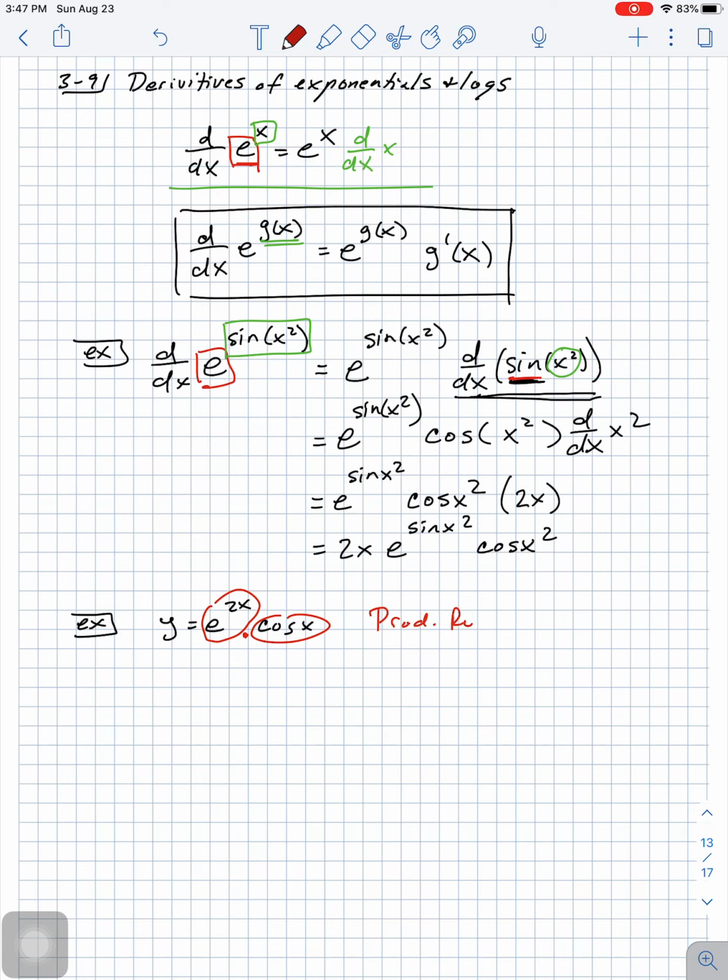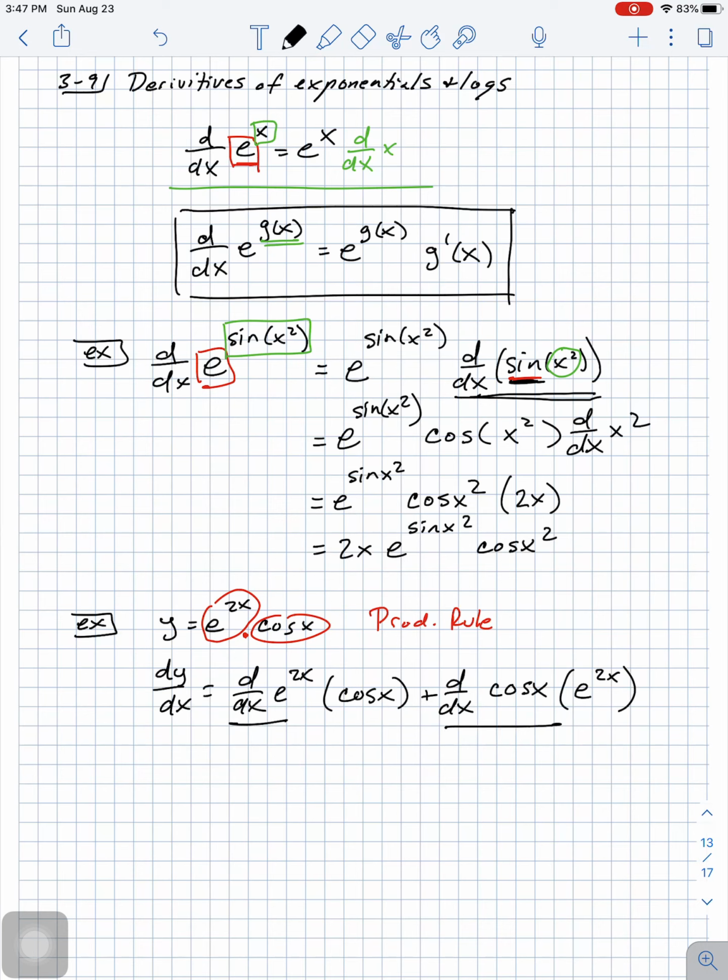This is a product rule, and we'll have a chain rule within it, but initially I'm going to write out the product rule. So dy dx is the derivative of the first term times the second term, plus the derivative of the second term times the first term.